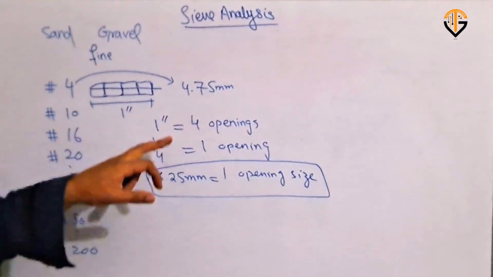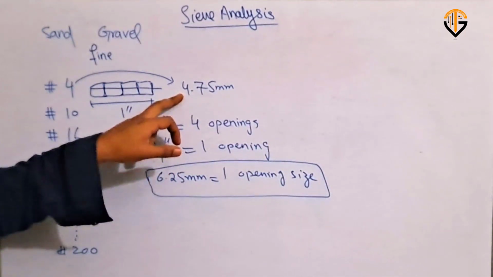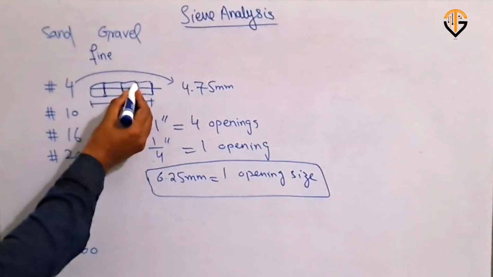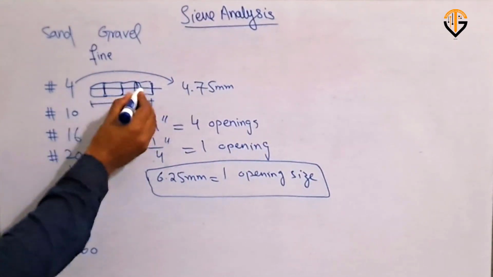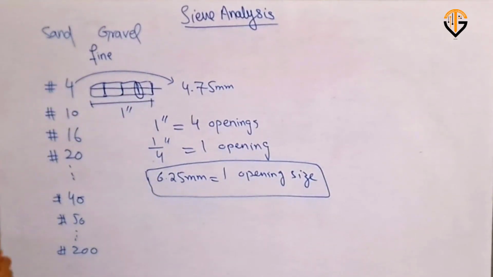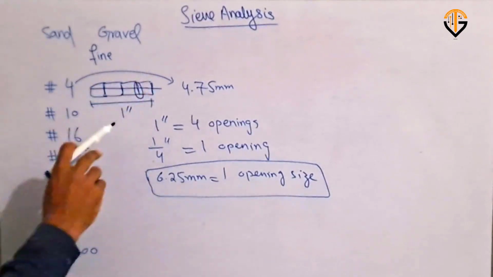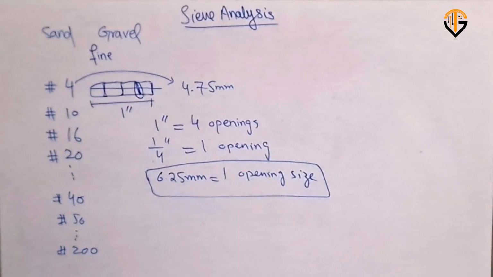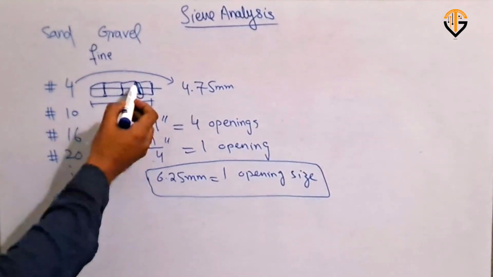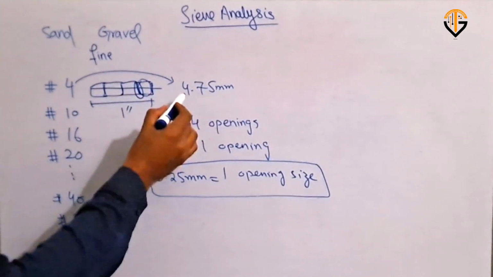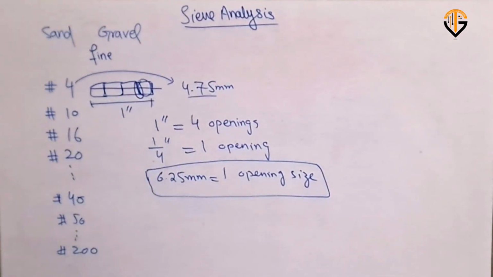Why does this difference exist? It is because in sieves there is a mesh in between the clear openings. So if sieve number 4 has 4 openings in 1 inch, there is also some size of mesh or wire. If we exclude that size, the clear opening for sieve number 4 is 4.75 mm.